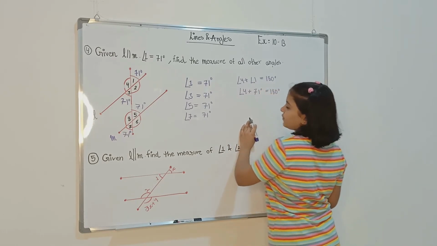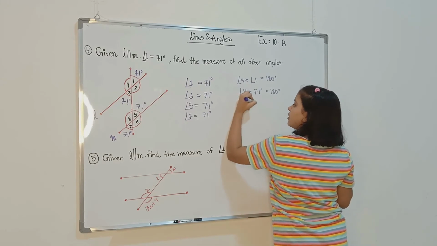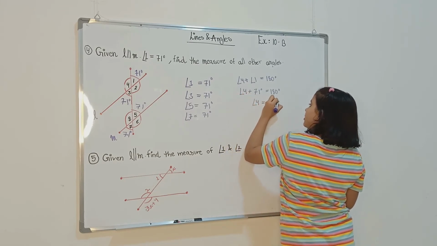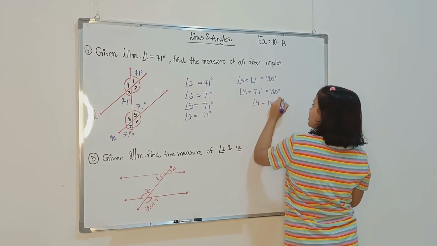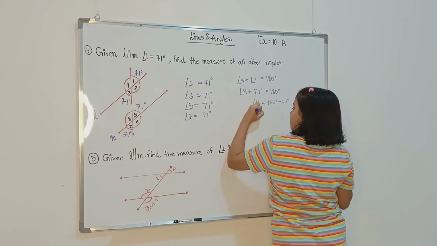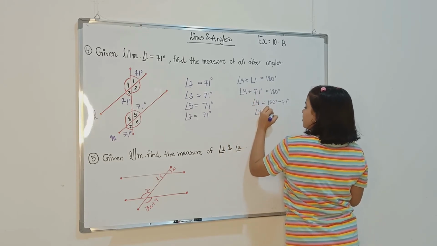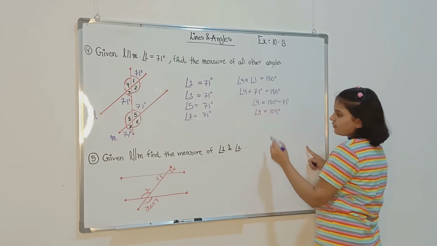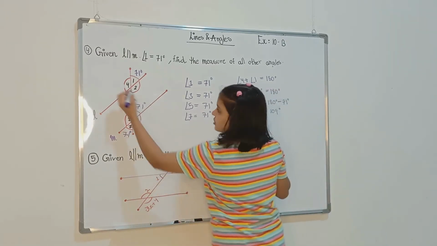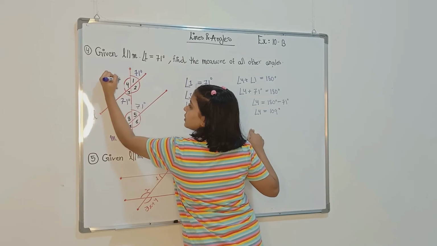Now we need to find angle 4. So angle 4 is equal to 180 degree minus 71 degree, which means angle 4 is equal to 109 degree.